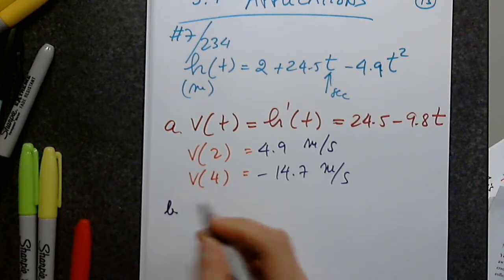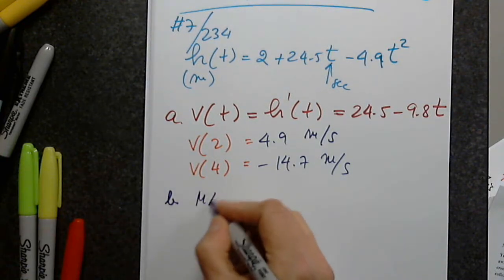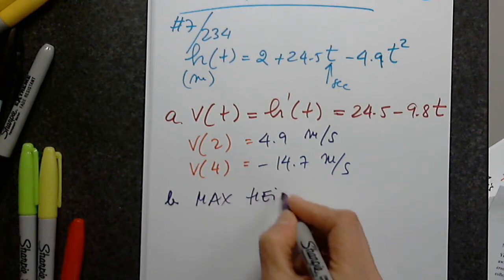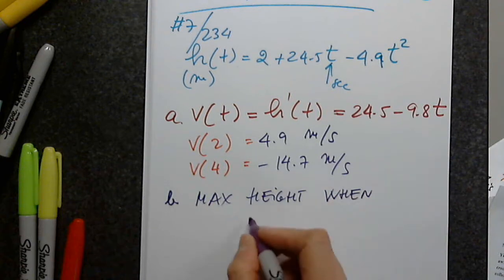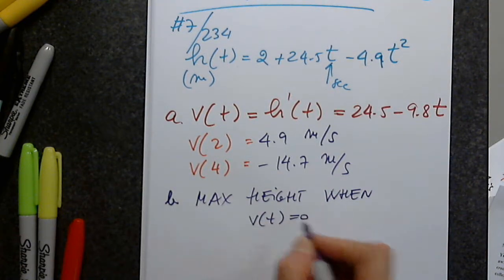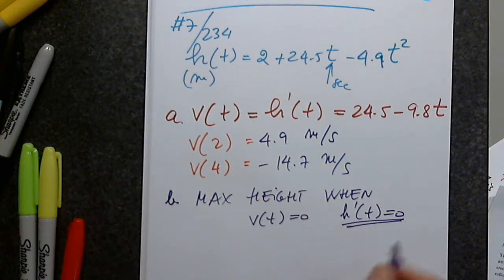In part B, one more time, we're asked, when does the projectile reach its maximum height? Exactly. So maximum height when v of t is 0, or h prime of t is 0. And this is all what chapter 4 is all about.